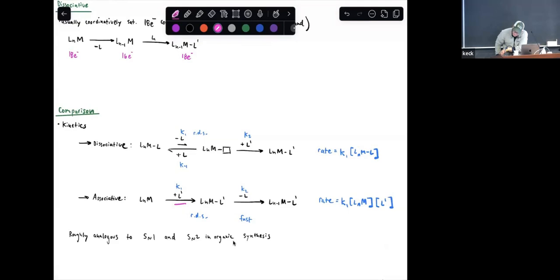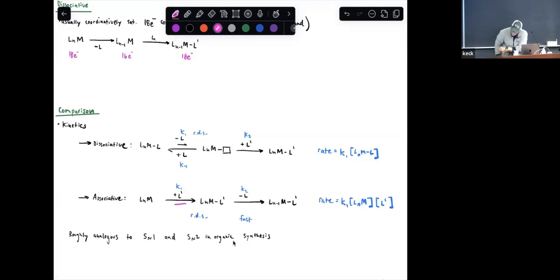In an associative mechanism, the initial bimolecular collision is the event that is rate determining. The consequence is that you have a rate law that only has order in the metal ligand complex starting material in a dissociative pathway, whereas in an associative pathway, you have positive rate order dependence on both the incoming ligand and the starting complex.